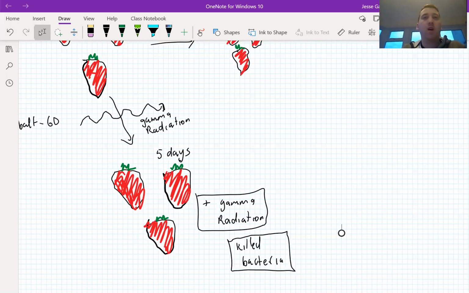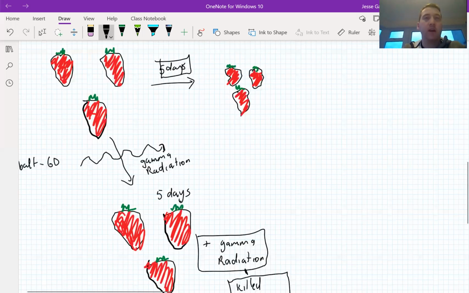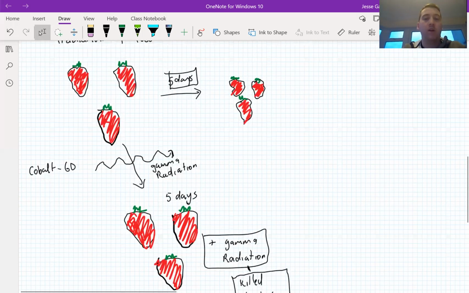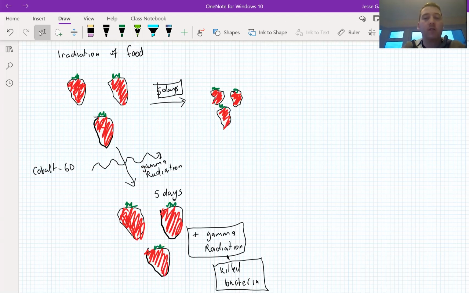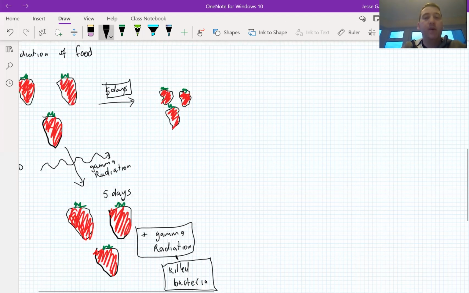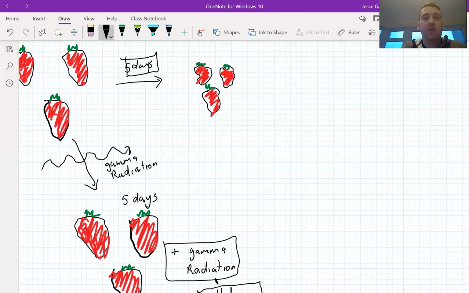But you don't want to cook your strawberries, you want fresh strawberries. So by adding gamma radiation, we can kill the bacteria without cooking or warming the food. So the big advantage here is that food can last for longer.